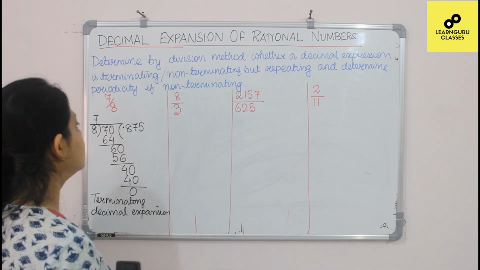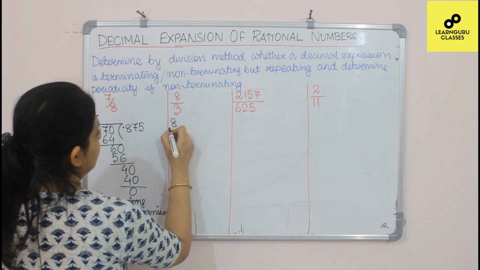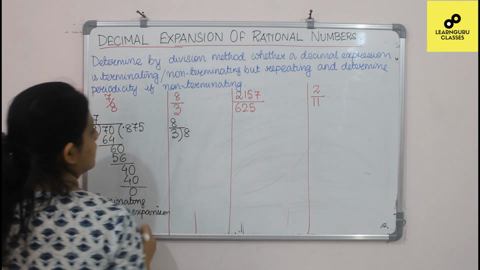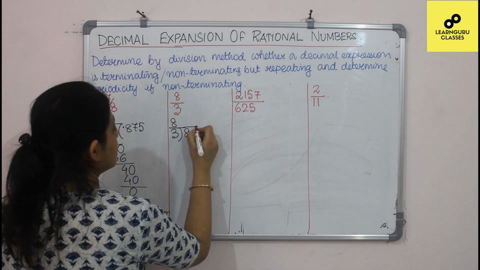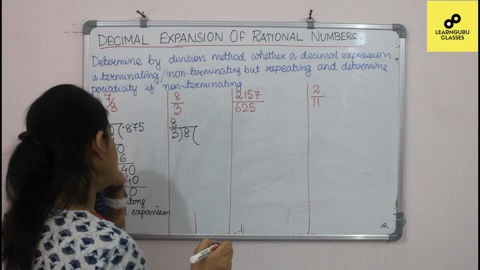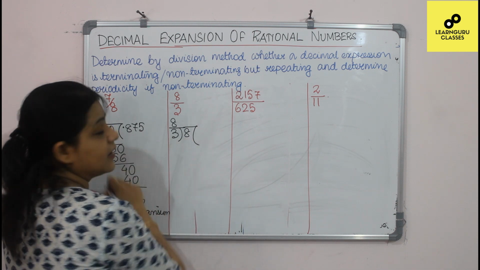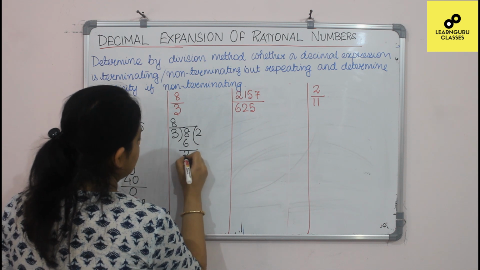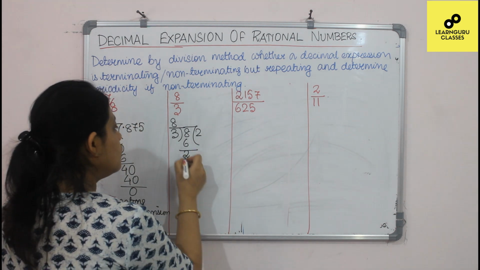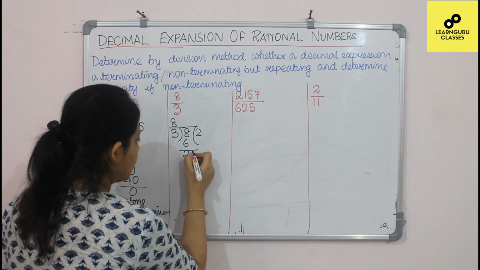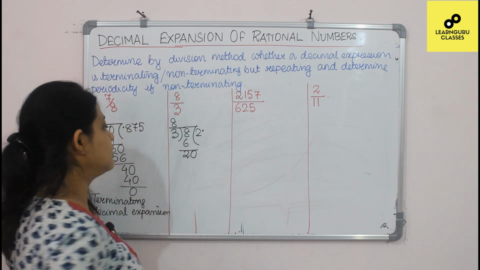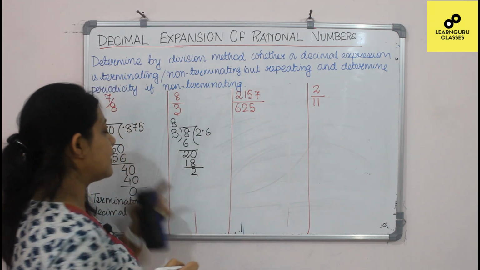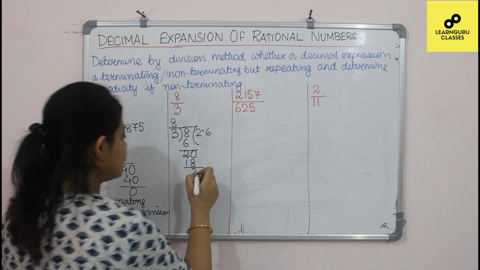Let's move on to the next sum, 8 by 3. 8 divided by 3: 8 is greater than 3, so 3 twos are 6, and you get the remainder 2. 2 is less than 3, so you put a 0 and a decimal point. 3 sixes are 18, again you get the remainder 2.